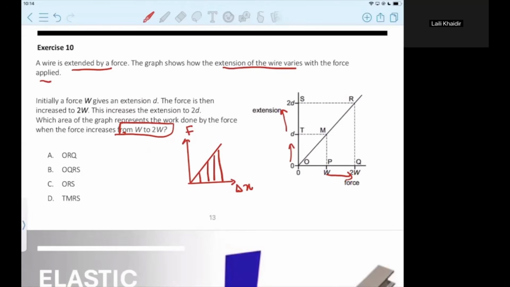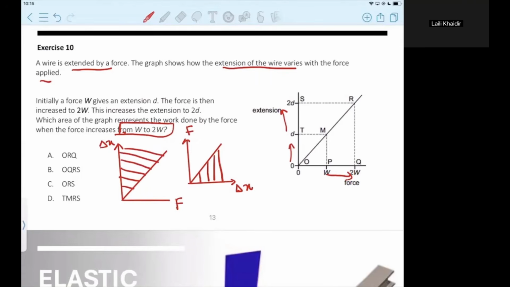So now it's the other way around, where the extension is on the y-axis and the force is on the x-axis. So extension is over here and the force is over here. Where will the work done, or the area of work done, be? It will need to be located somewhere here.